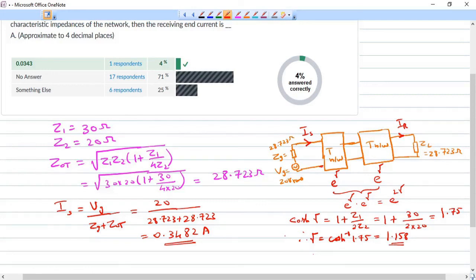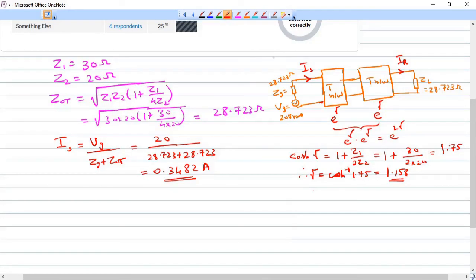Now what is the ratio of sending end current to the receiving end current? That is the overall attenuation e power 2 gamma, and we are asked to find IR, the receiving end current. So IR is equal to IS upon e power 2 gamma.